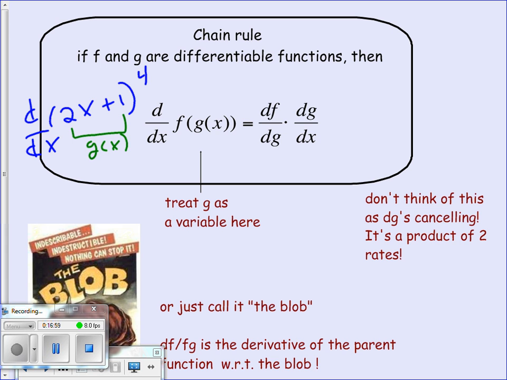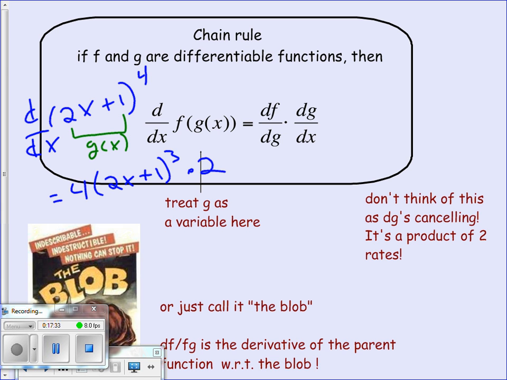What's the derivative of a blob raised to the fourth? 4 times the blob cubed. So this will become 4 times my blob cubed. But now I have to multiply by the derivative of the blob. So what's the derivative of 2x plus 1? 2.